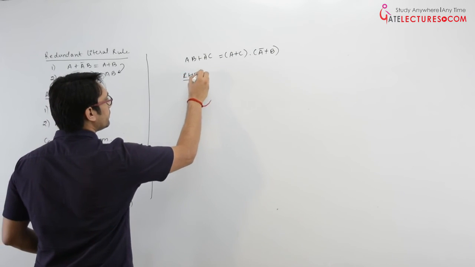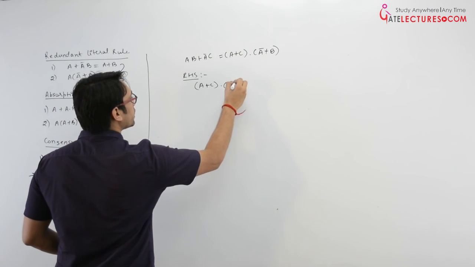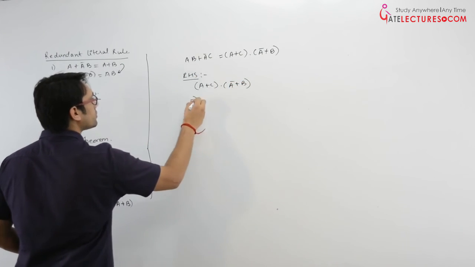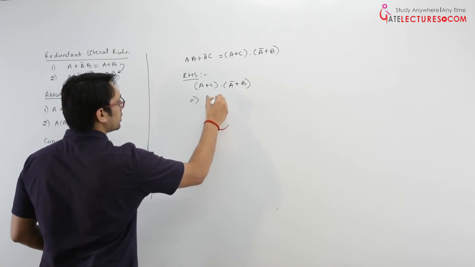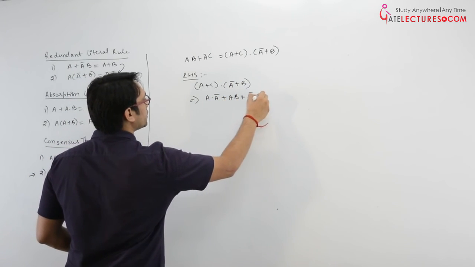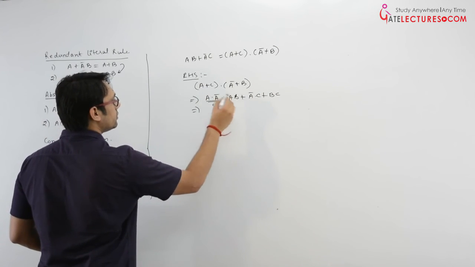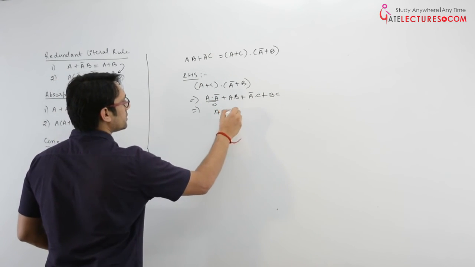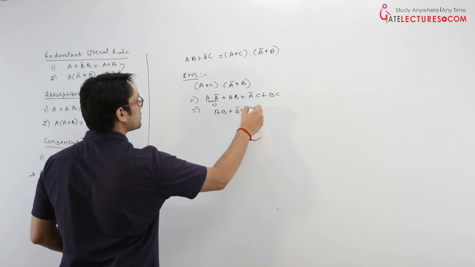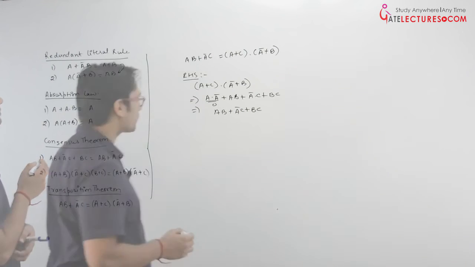We have the right hand side, it says (A + C)·(A' + B). So it can be written as A·A' + AB + A'·C + BC, which is equal to, this is equal to 0.